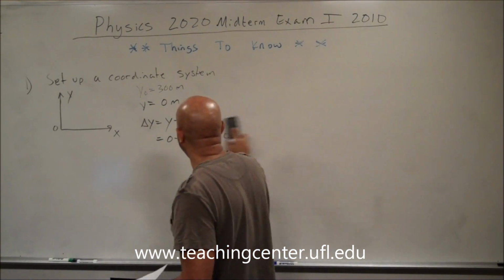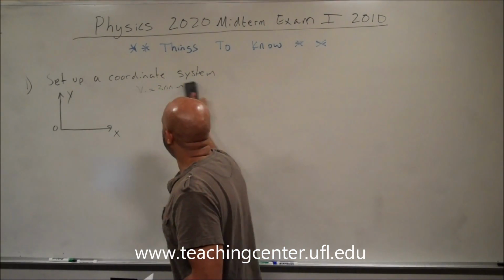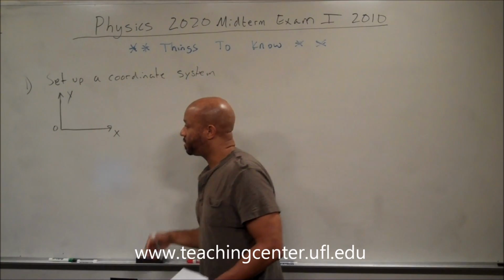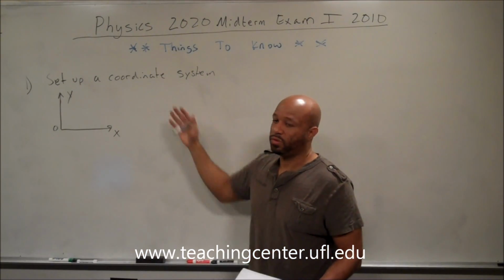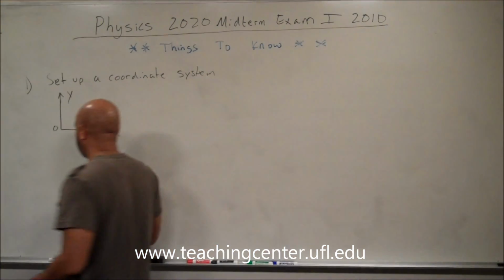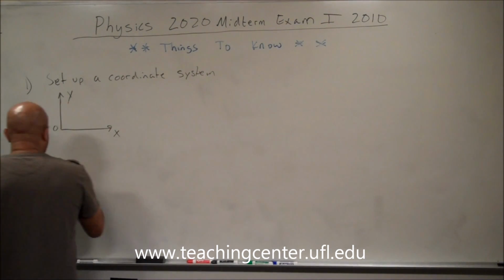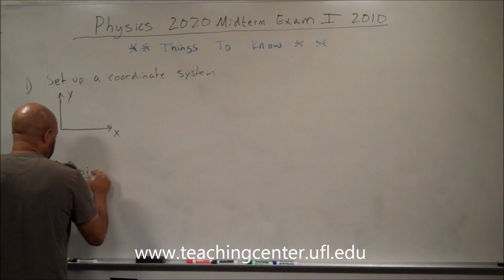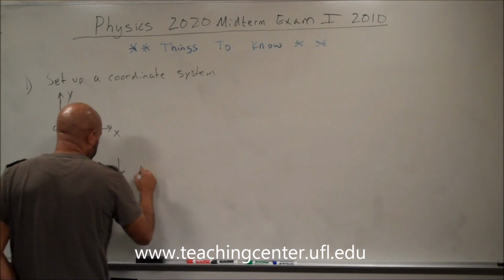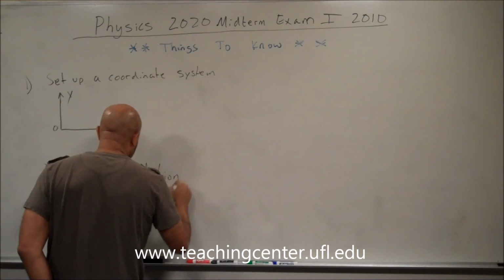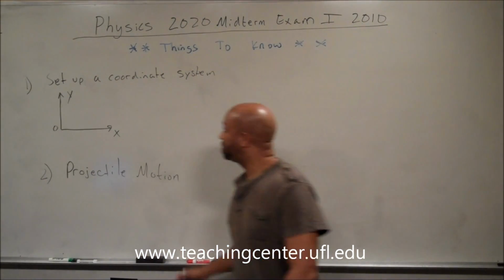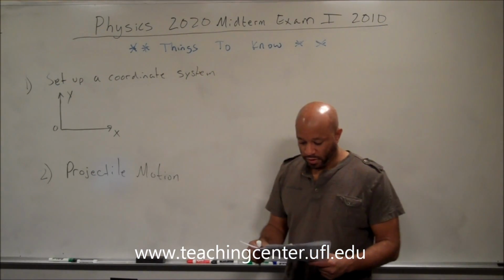All right. Another important thing that we need to talk about, and it also has to do with the coordinate system, is dealing with gravity. Okay, so let's look at things moving in projectile motion. All right, so this is things to know number 2.